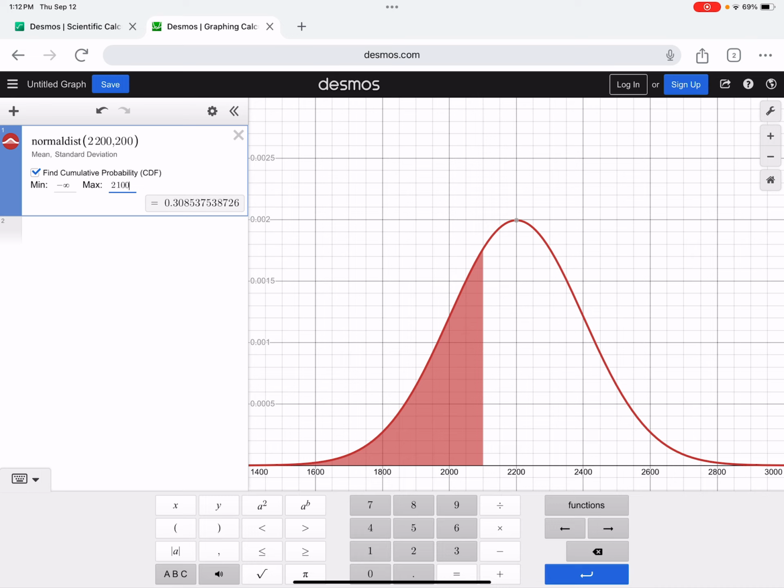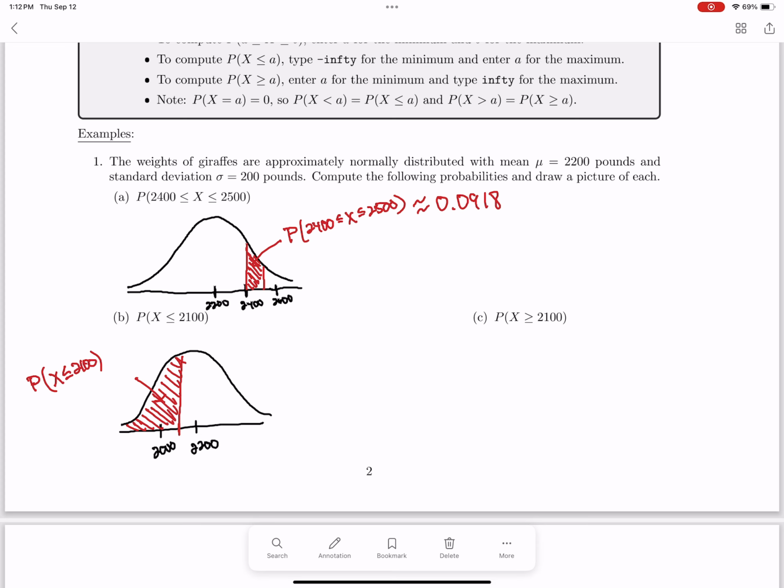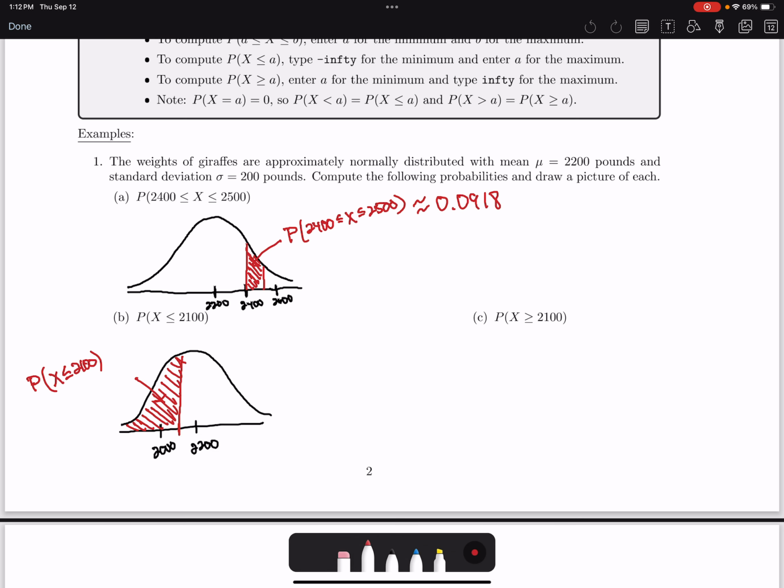Okay, and there you go. It's shading in the correct region. So it looks like that probability is 0.3085. Okay. I'm going to box my answers.